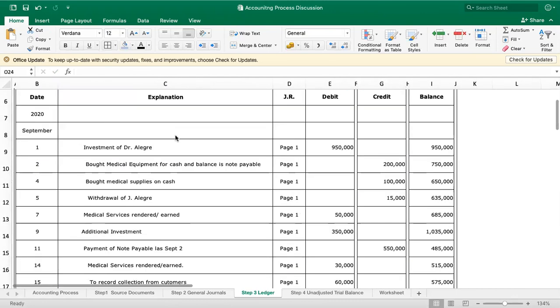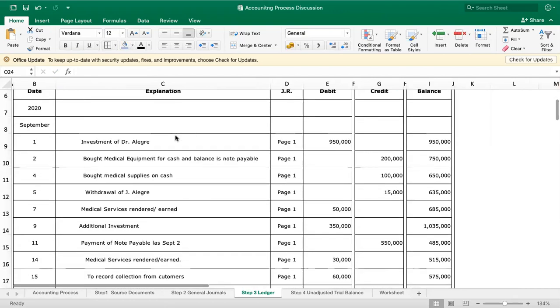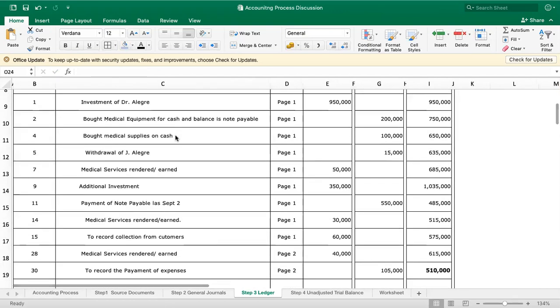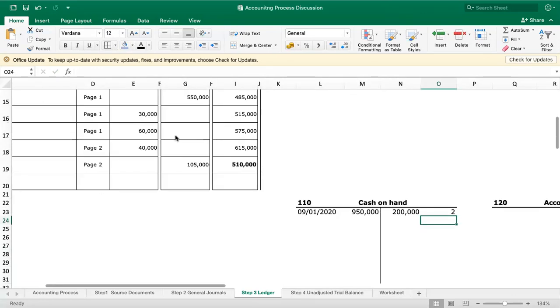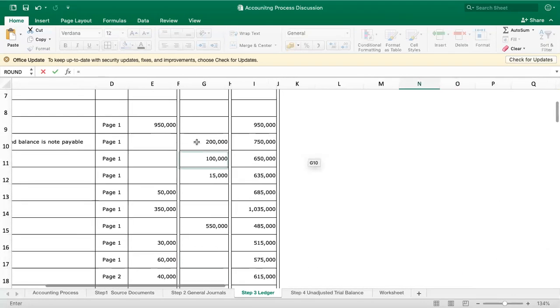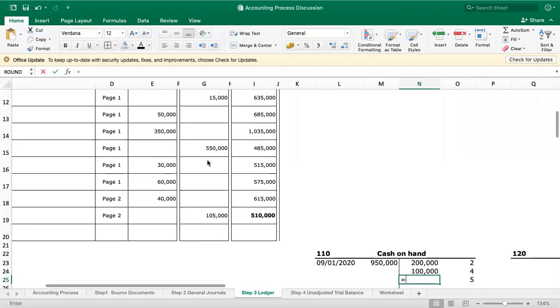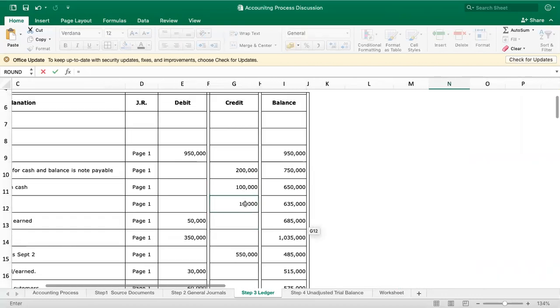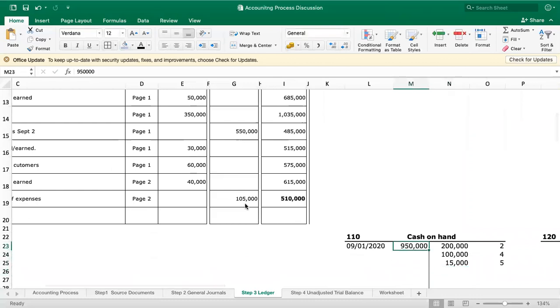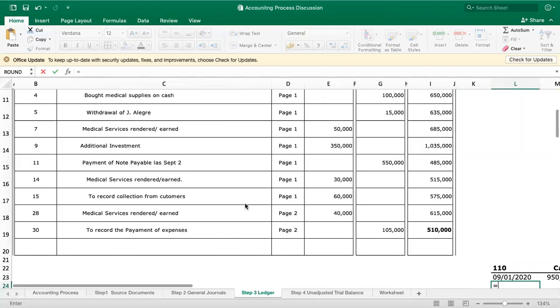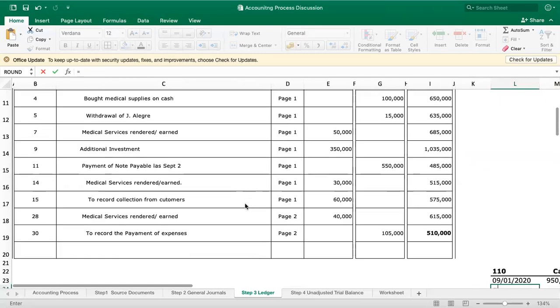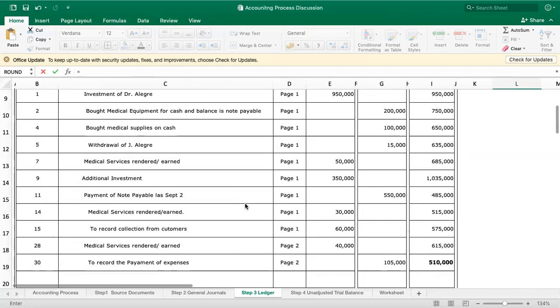Then the next transactions we have September 4, puro credit and 5. So September 5 is credit 100,000. This is credit 15,000. Next transactions, that's naka-debit. Let's start na lang with the debits tanan para dili ta malangan.